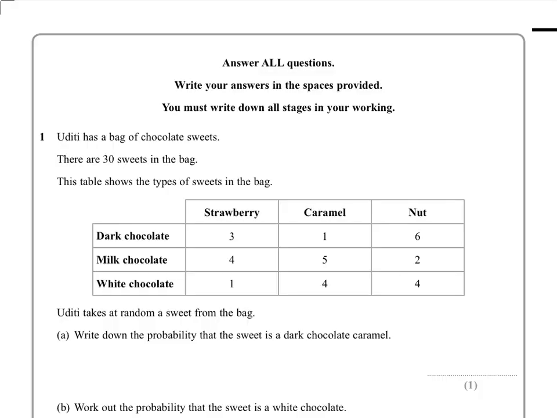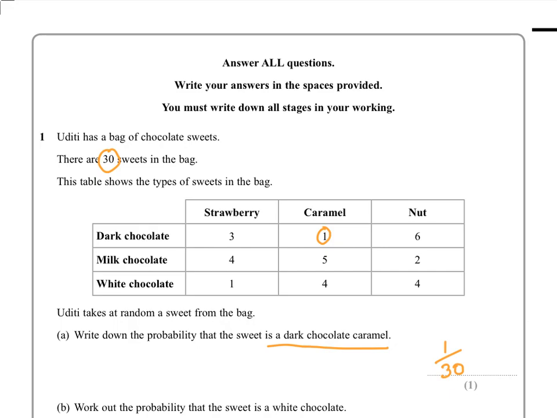Okay, so we've got to look at some probability here, and we've got to firstly write down the probability that the sweet is a dark chocolate caramel, and one is taken from the bag. Well, there's one dark chocolate caramel sweet from the table, and there are 30 sweets, so the probability of choosing this dark chocolate caramel will be 1 in 30 chance.